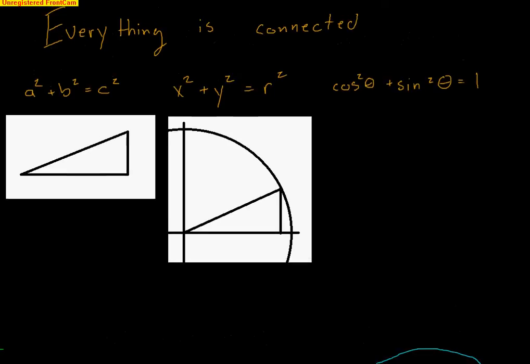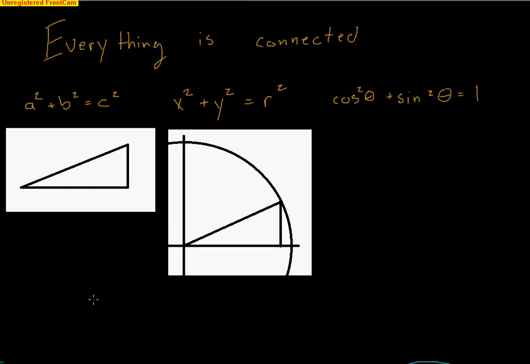Okay, so everything is connected is what I'm trying to show you with all of this, right? Everything is connected. In a triangle, we know that a squared plus b squared equals c squared. We know that if we have a triangle drawn from a circle, the radius is acting as the hypotenuse.